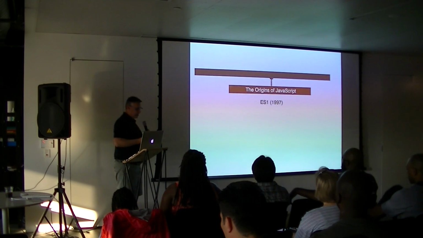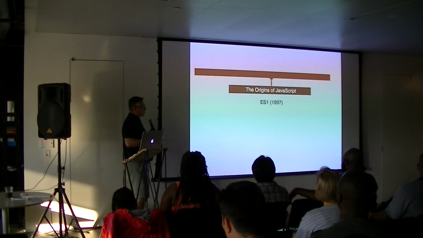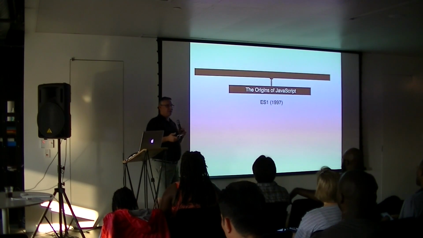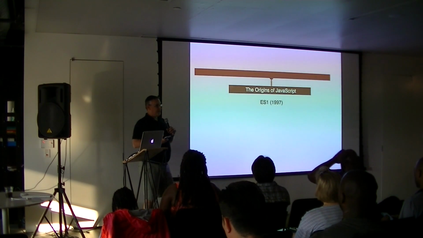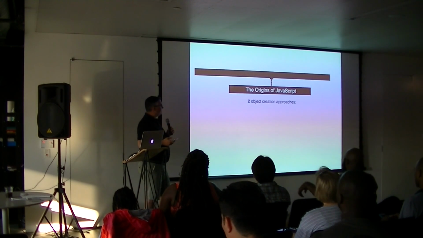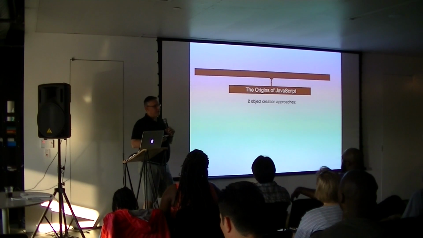So let's go back to the beginning of JavaScript. Brendan famously created JavaScript in 10 days in 1995, and it wasn't until 1997, after Netscape hit the nuclear button and released it to open source, that ECMAScript was created or available to everyone.